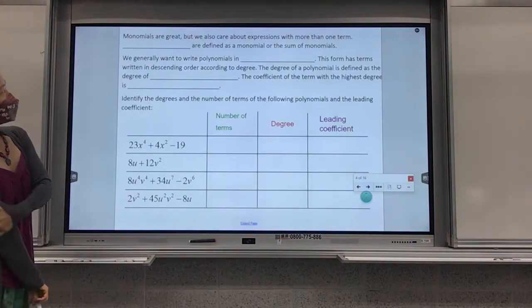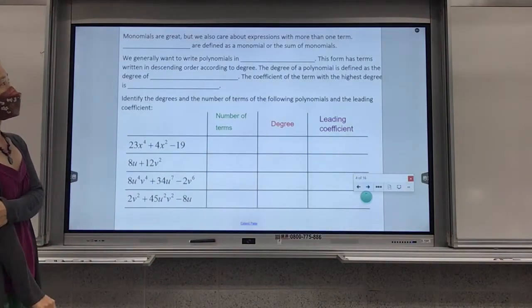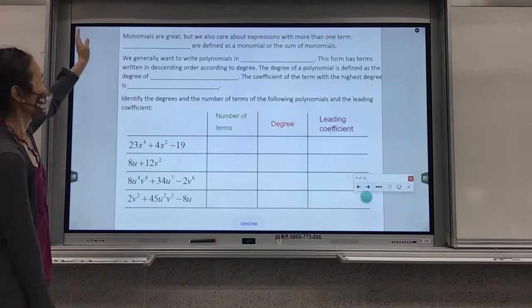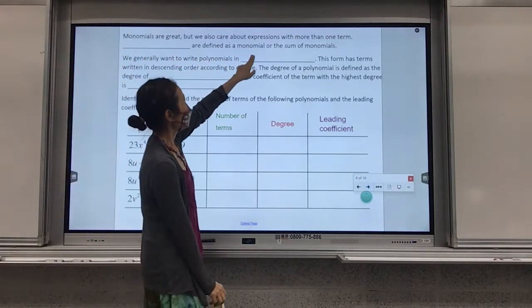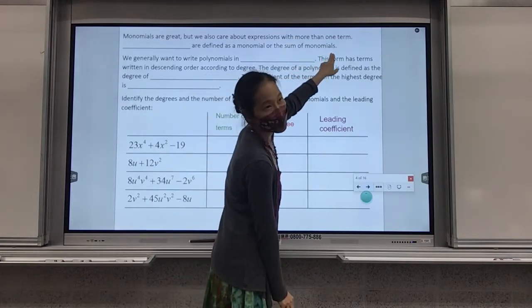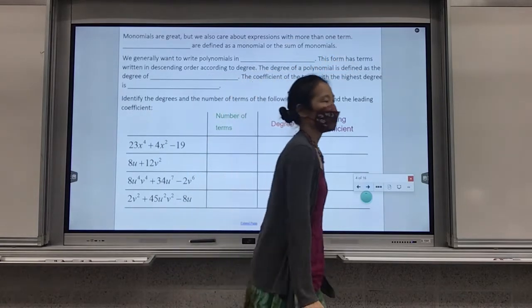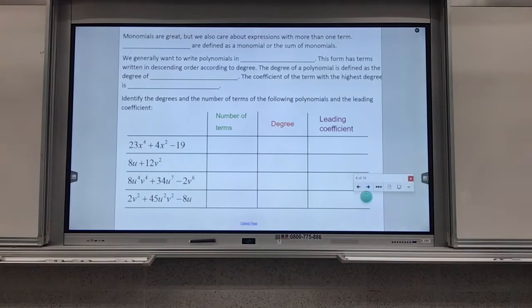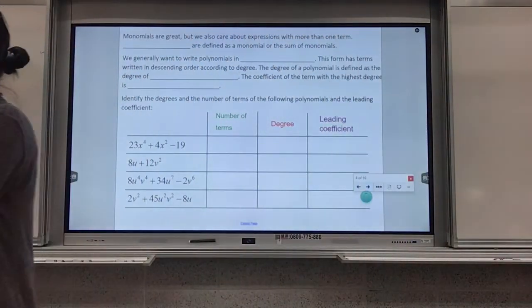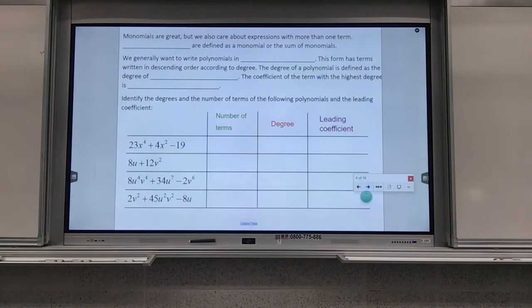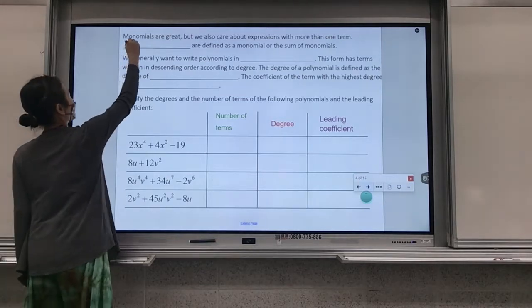Monomials are great, but we also care about expressions with more than one term. What is the term when we define a monomial or sum of monomials? The sum of monomials is a polynomial, correct?